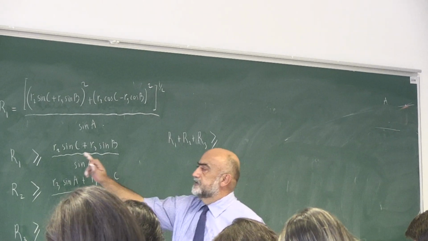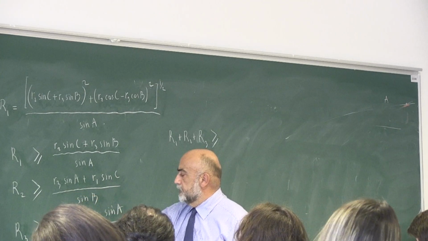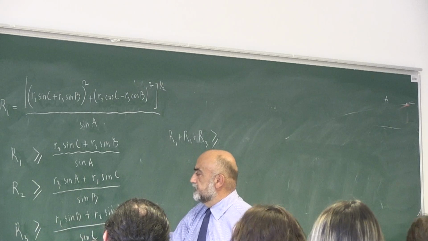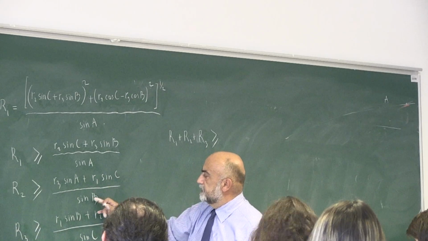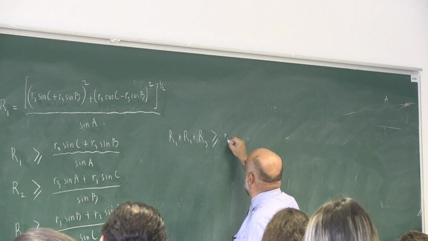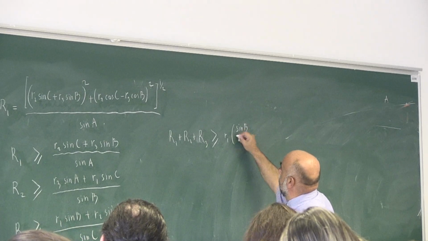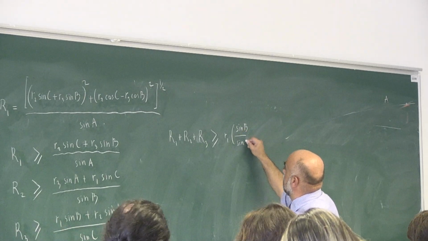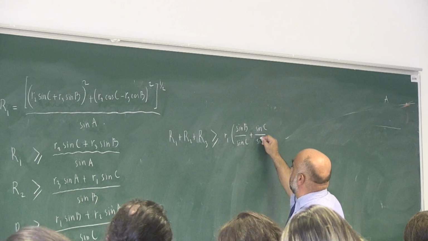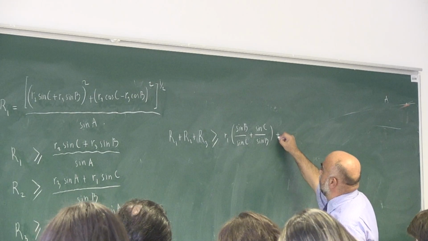Let me fix R1. R1 is given with coefficient sine B over sine C and sine C over sine B. Here I am. R1 within brackets sine B over sine C plus sine C over sine B. Ladies and gentlemen, I invite R2.